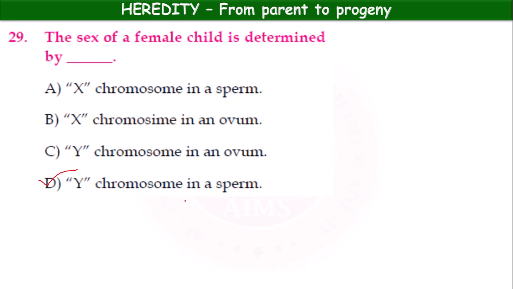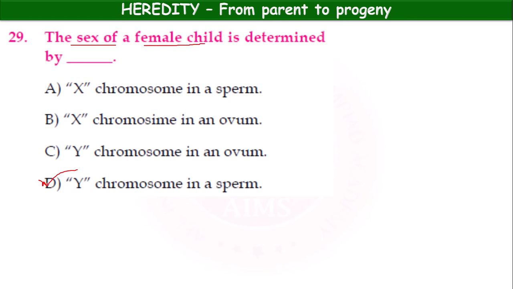Next, if the Y chromosome in a sperm fertilizes the X chromosome ovum, then the XY combination is formed, which is a boy child. Here the question is the sex of a female child.